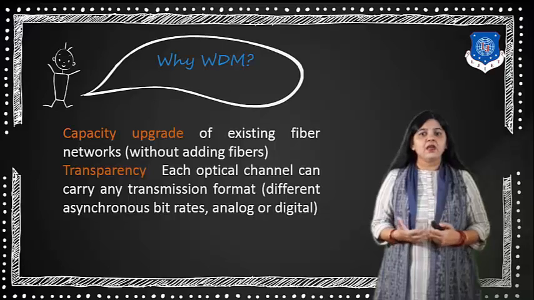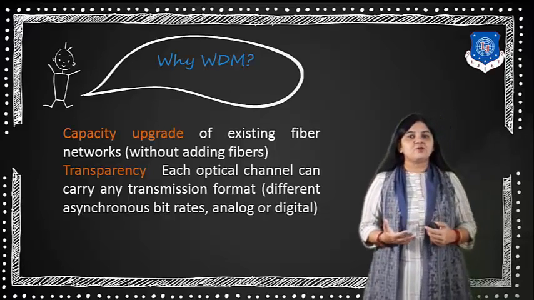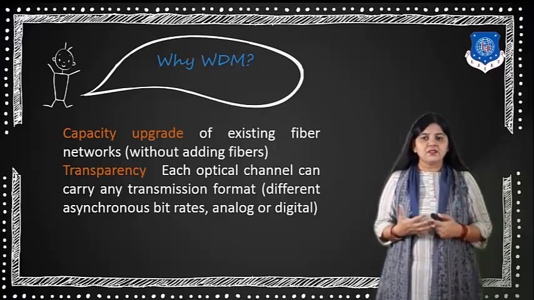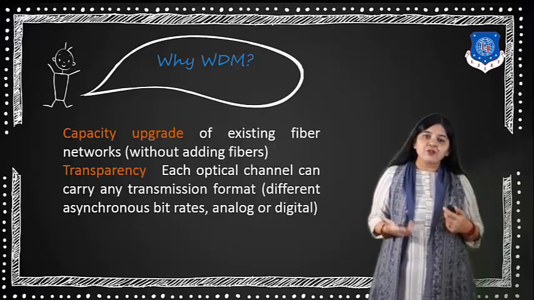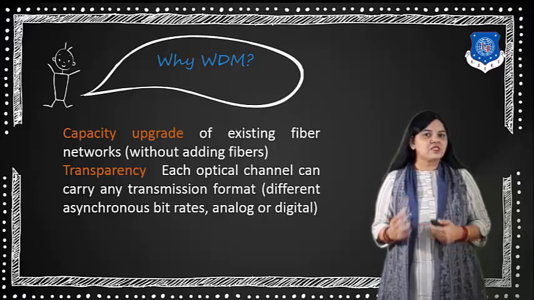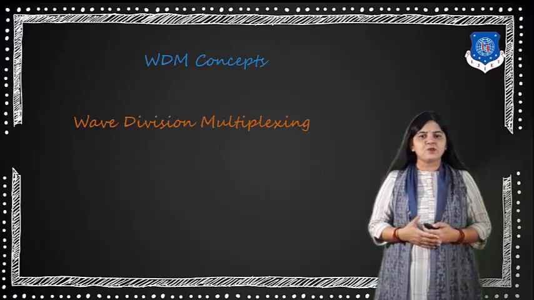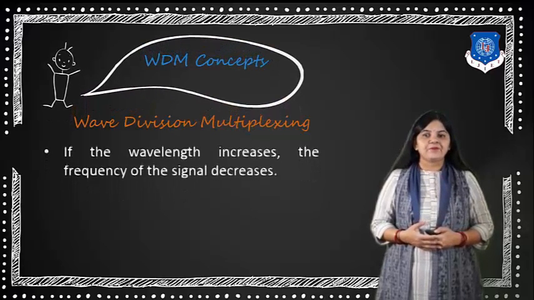Transparency: each optical channel can carry a different transmission format, with a different bit rate, whether the signal is analog or digital. That kind of transparency we achieve using WDM.